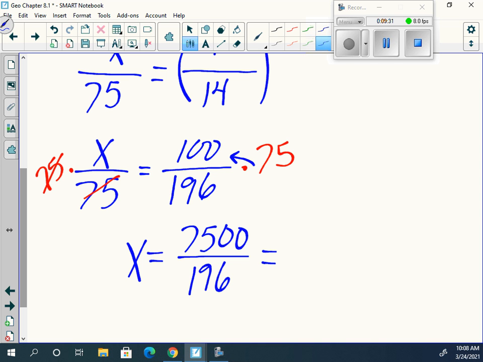And if we divide that by 196, I think it might be a little 0.826.